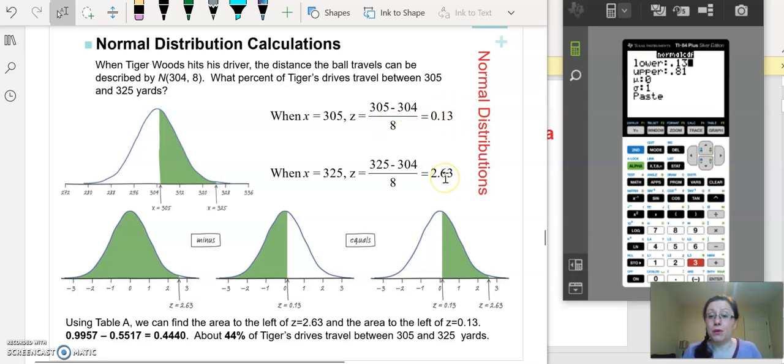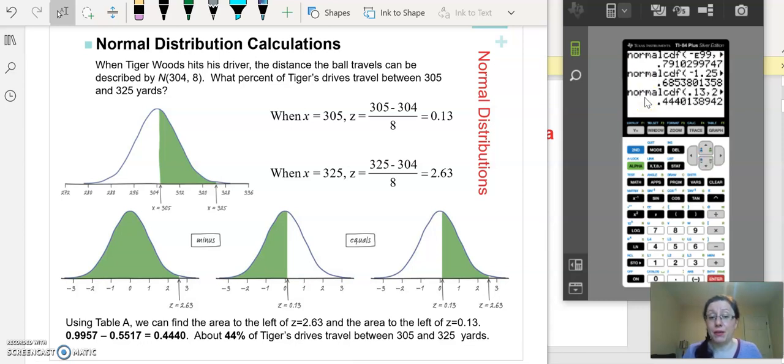The upper bound is 2.63. And because they are standardized, the mean is 0 and the standard deviation is 1. And then we can say paste and press enter, enter. And there's our answer, about 44%.